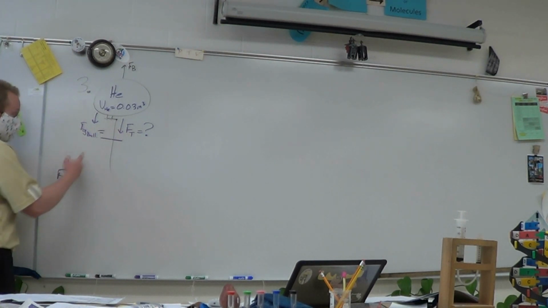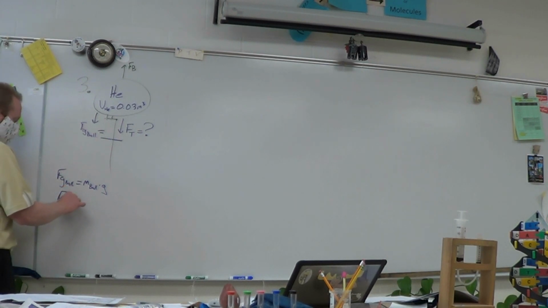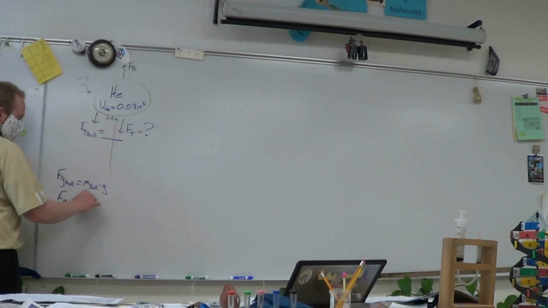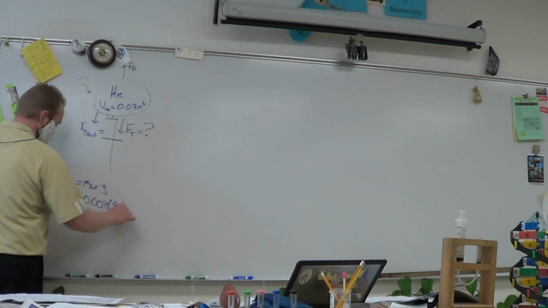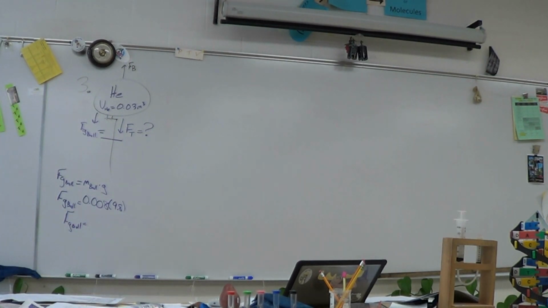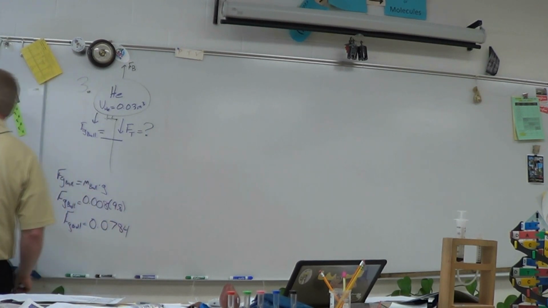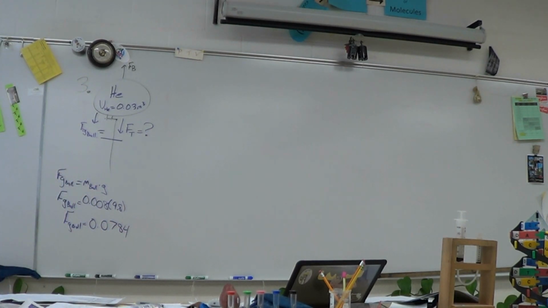So if I want to fill that value in for the balloon, we take the mass of the balloon times our gravitational acceleration, and our Fg of the balloon, I'm just abbreviating balloon, is going to be 0.008 times 9.8, to give us Fg of 0.0784 newtons.